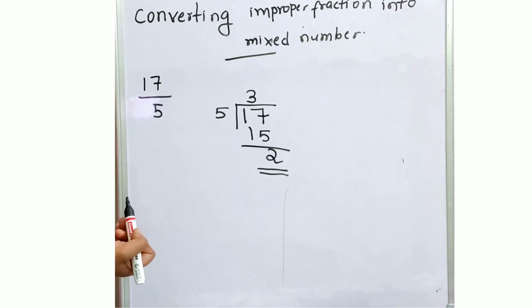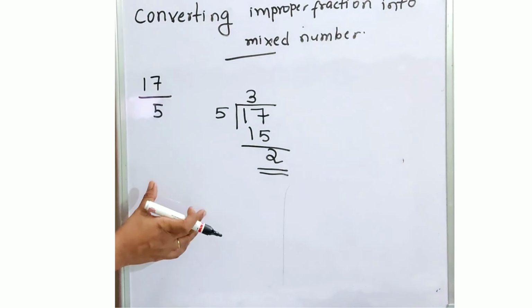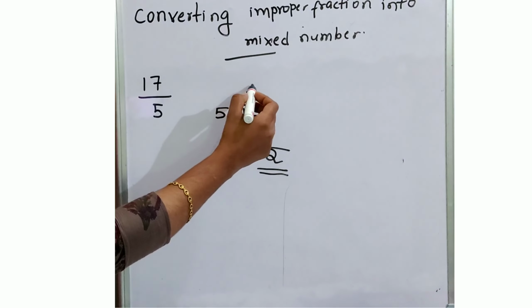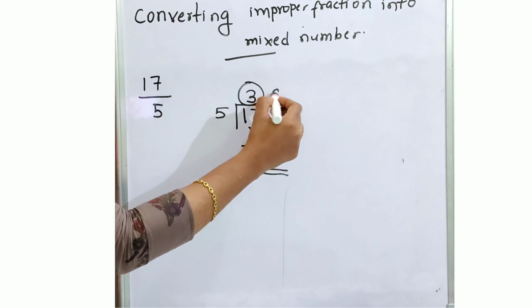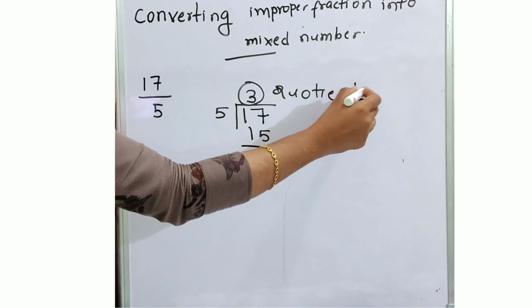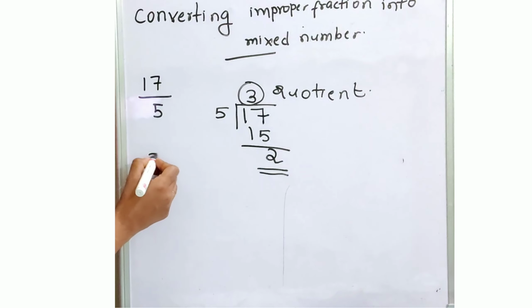Now, to convert this into a mixed number, the whole number part will be the quotient. 3 is the quotient, so it is written as the whole number part.